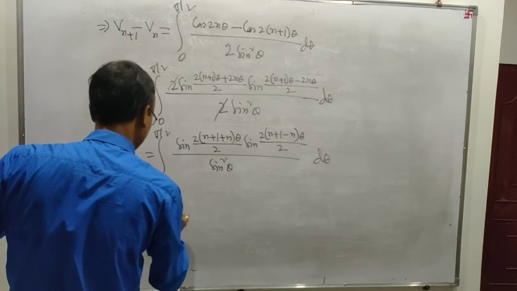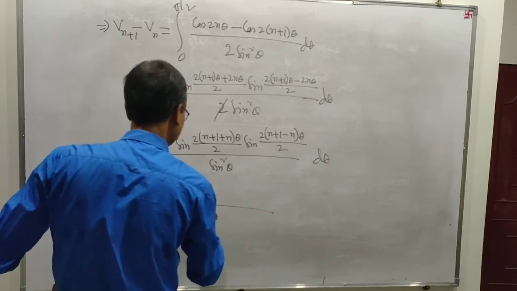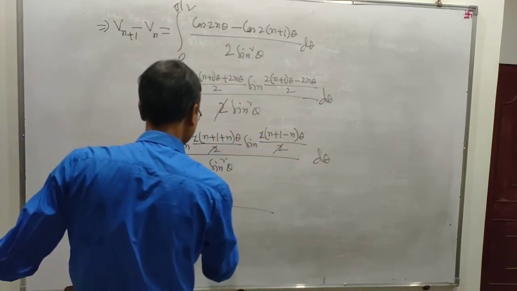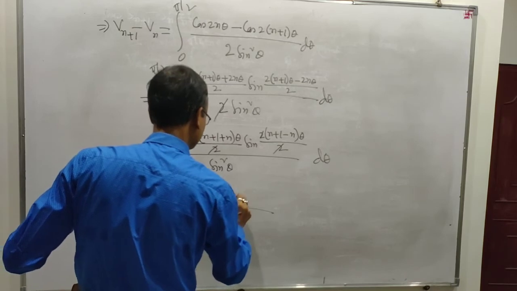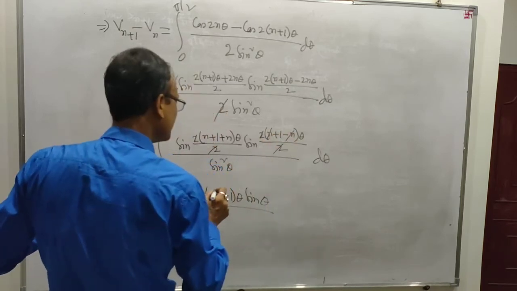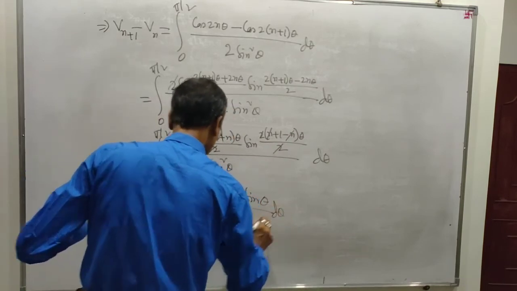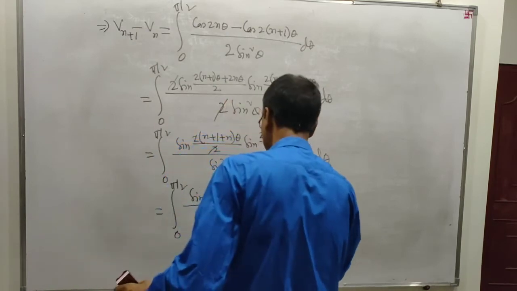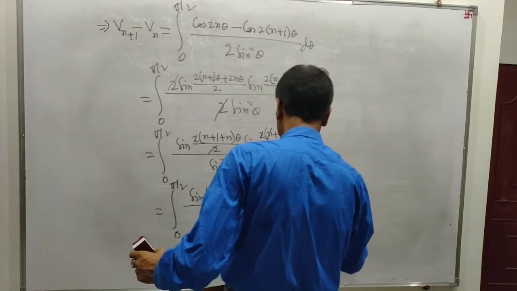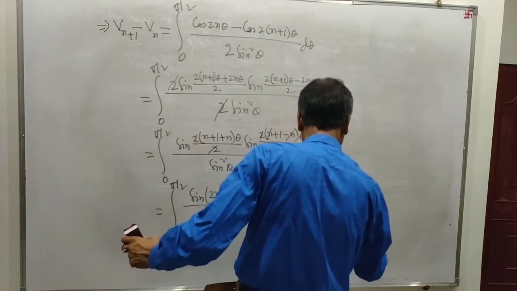This is equal to the integral from 0 to pi by 2 of sine... these two will be cancelled, these two will be cancelled. Sine (2n+1)theta into sine theta, and n will be cancelled, divided by sine square theta. What is this? This is equal to the integral from 0 to pi by 2 of sine (2n+1)theta divided by sine theta d theta.